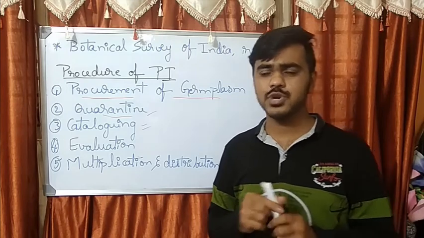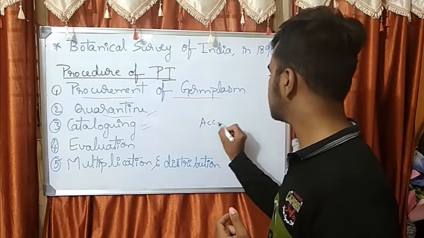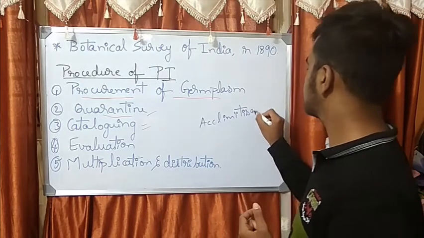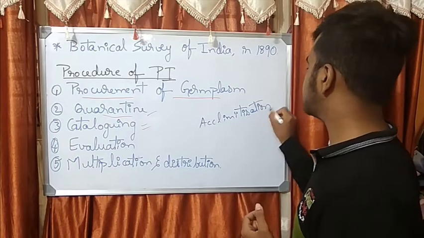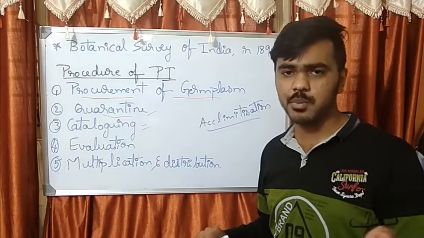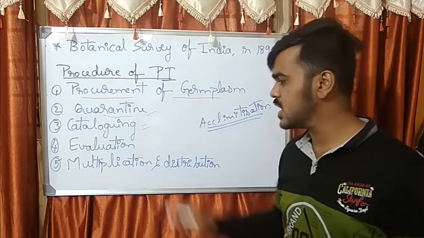And I hope you remember a word, that is acclimatization. See, acclimatization means the process in which a plant adapts to a new environment. So that is called acclimatization. That is very important for the evaluation.